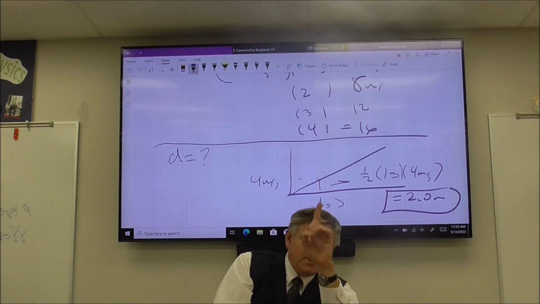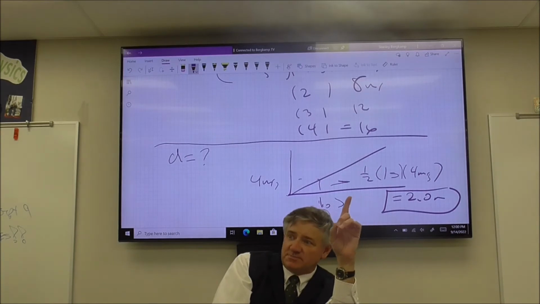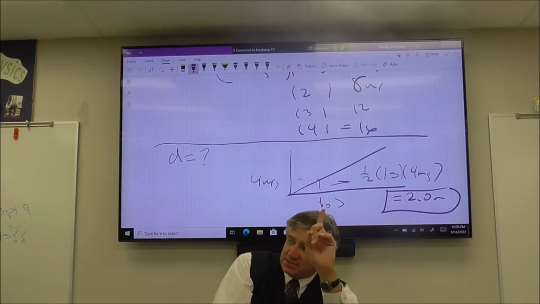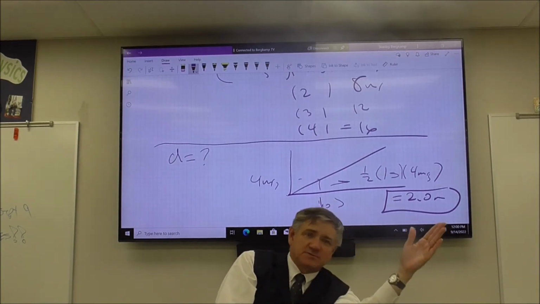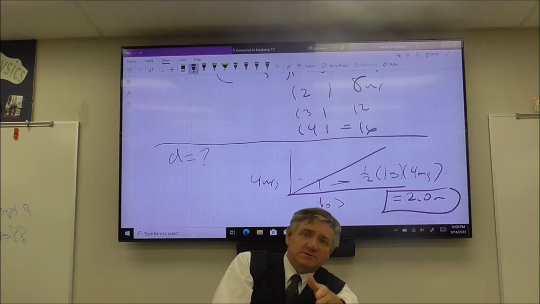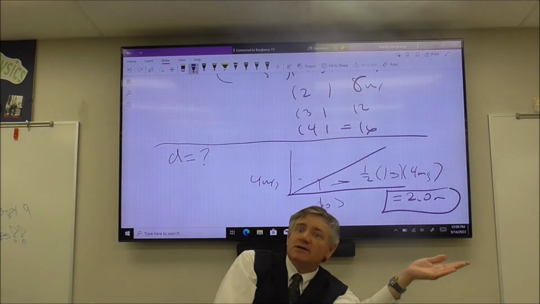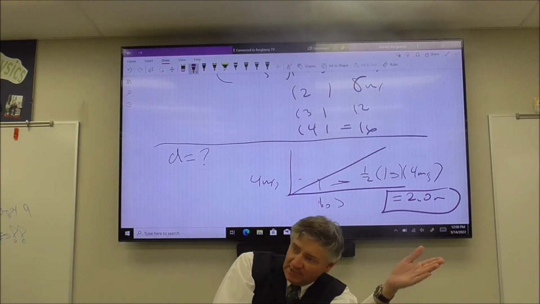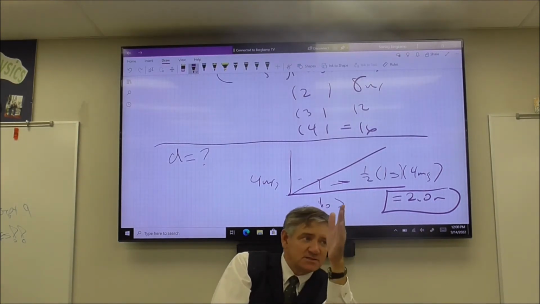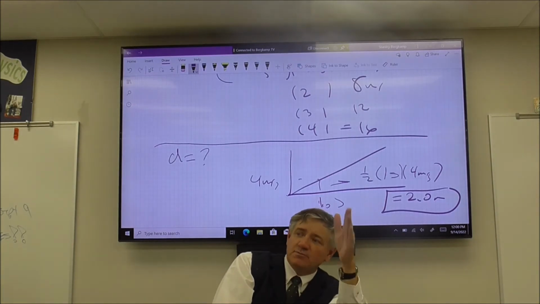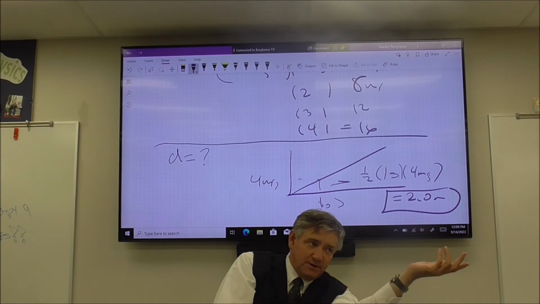There's only one point in time where this thing is going 4 meters per second, and that's at exactly 1 second. It's going 2 meters per second. It's going 1.2 meters per second. It's going 3.14 meters per second, okay? It's going through this whole range of velocities. So that's why you just can't take 4 meters per second times 1 second and go, oh, it went 4 meters, okay?